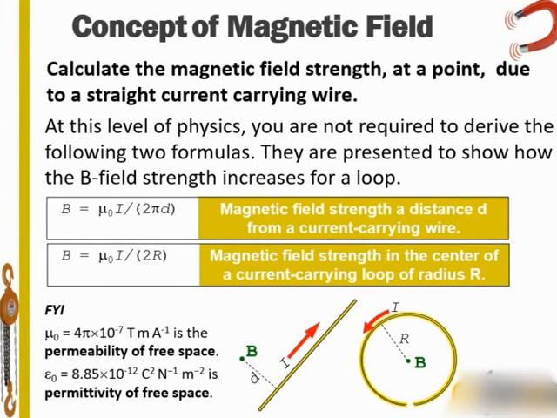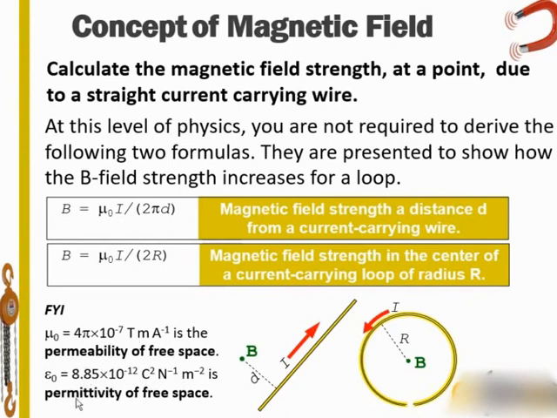So this permeability of free space is the constant you would use in this expression for determining the magnetic field strength when the wire is in air. But if the wire was in water or some other medium and you wanted to calculate the field strength, then you would use a different value. It wouldn't be this value here. So don't get this constant mixed up with this constant here.